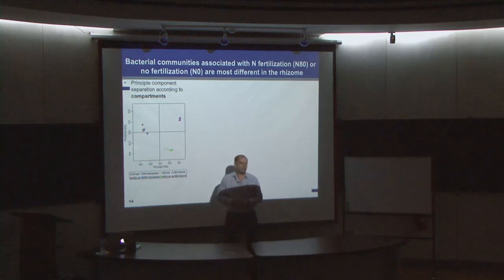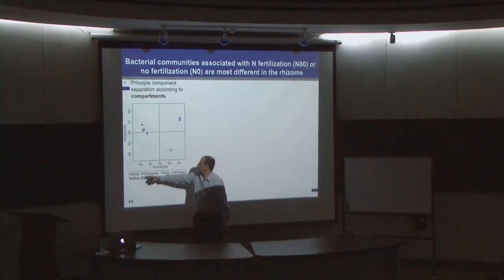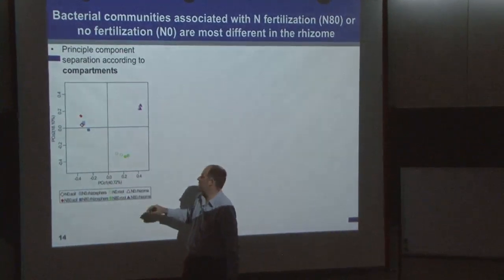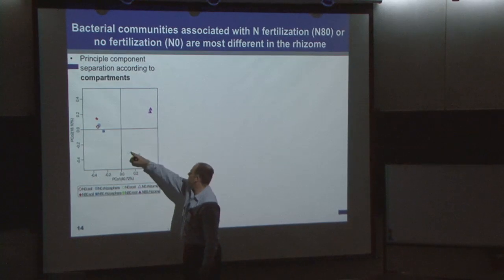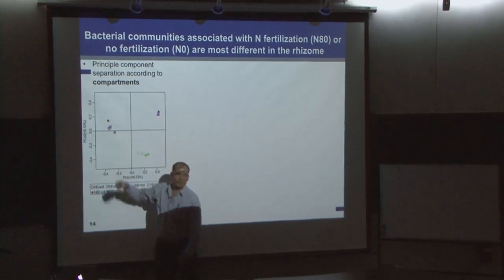And when you do a principal component analysis of this, what you easily see is that these bacterial sequences are very similar, the distribution is very similar in the different compartments. So in soil, independent of nitrogen, the samples are very similar. In rhizosphere, the samples are very similar. In root, this is root. This is rhizome, and this is soil and rhizosphere.